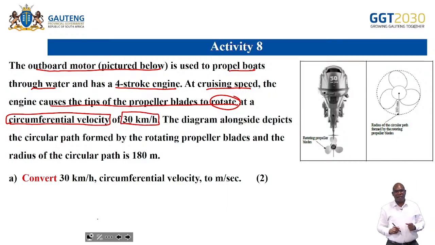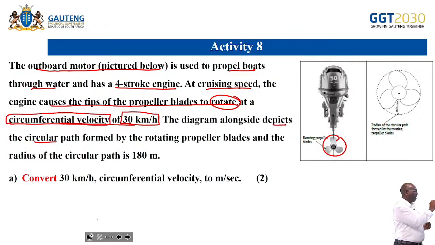You see, now it says the propeller blades here are rotating at a circumferential velocity of 30 kilometers per hour. The diagram alongside depicts the circular path formed by the rotating propeller blades.